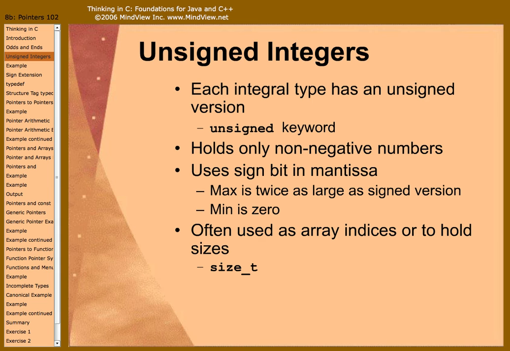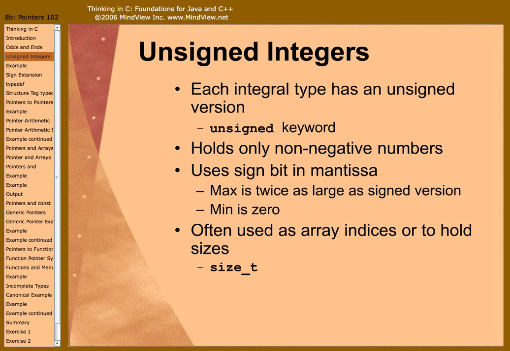Whether a char is signed or unsigned depends on the platform, but usually you just don't worry about that. Anyway, if you put an unsigned in front of any of the other types, unsigned int, unsigned long, unsigned short, well, that makes it so that the most significant bit is not used as a sign bit. Therefore, you have one more bit that you can use for your value. So your numbers can go between 0 and 2 to the appropriate power.